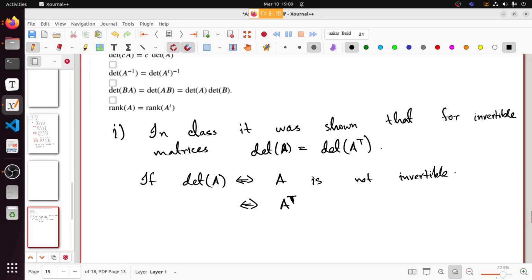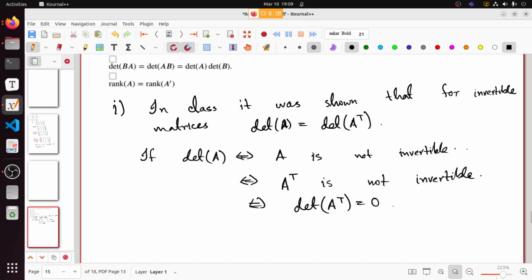No, here it is invertible, meaning it maps from the same space to the same space. Invertible means square matrices. So for A transpose, the range of A will be the domain of A transpose, and the domain of A will be the range of A transpose. So it is also not invertible. And A transpose not invertible means det of A transpose is 0. Right? So basically these two are the same.